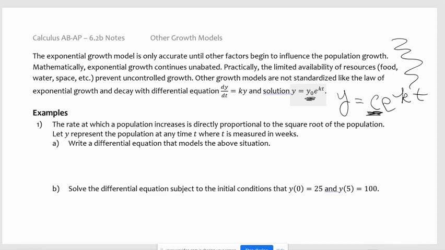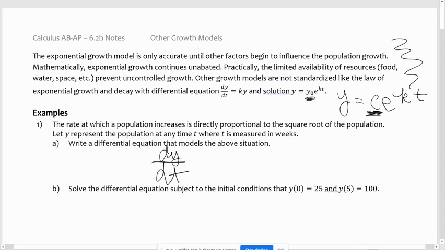All right. So we got a rate at which the population increases is directly proportional to the square root of the population. Let Y represent the population at any time t, where t is measured in weeks. All right, so we want to write a differential equation. So we're looking at the change in y with respect to t.